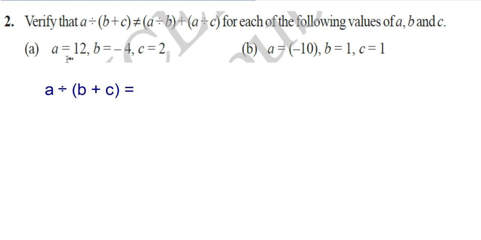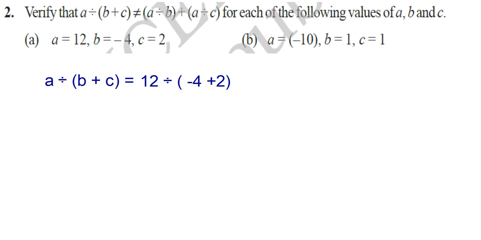Here, what is a divided by b plus c? In the first question, a is equal to 12, b is equal to negative 4, c is equal to 2. Substitute the values of a, b and c here. You get 12 divided by negative 4 plus 2.